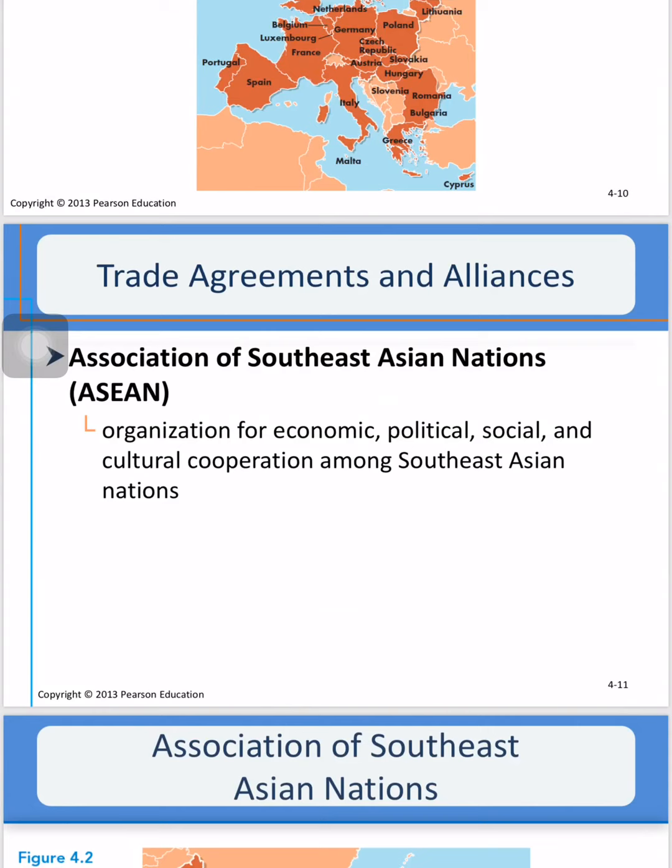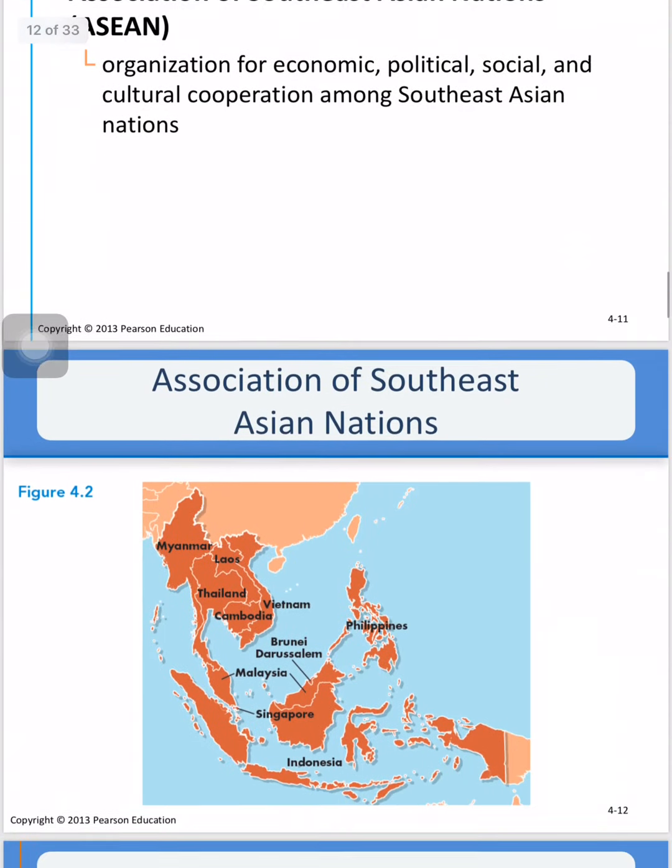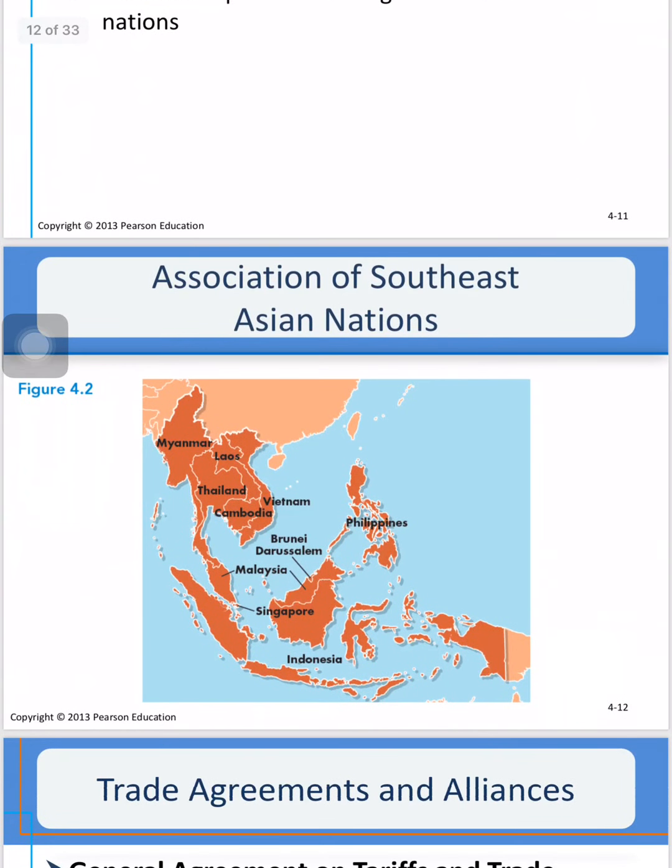Relatively, its size holds less global economic significance than NAFTA and the EU. So this agreement includes political, social, cultural, and economic cooperation. If you see Figure 4.2, these are the Southeast Asian nations: Myanmar, Laos, Thailand, Vietnam, Cambodia, Brunei, Malaysia, Singapore, Indonesia, and the Philippines.